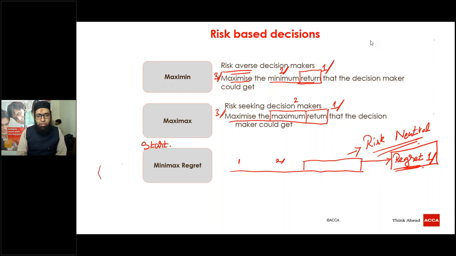Yesterday we discussed the topics of relevant costing, and we were discussing the risk and uncertainty topic. Is there any question regarding this topic or not?